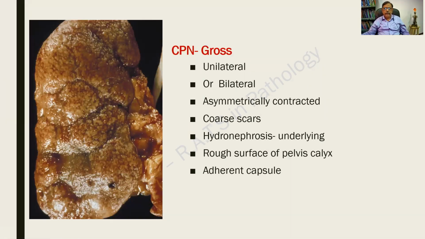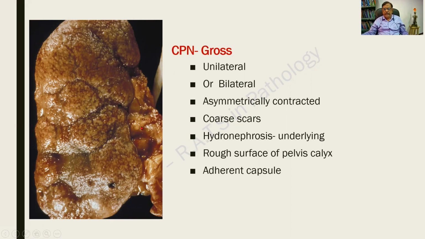Now, in a case of pyelonephritis, the infection can be unilateral or bilateral. If it is bilateral, you find that the scars are asymmetrical. Generally, we call it an asymmetrically and coarsely contracted kidney. These are all coarse scars, whereas there are some conditions where we will be having fine scars that we will be dealing with later.